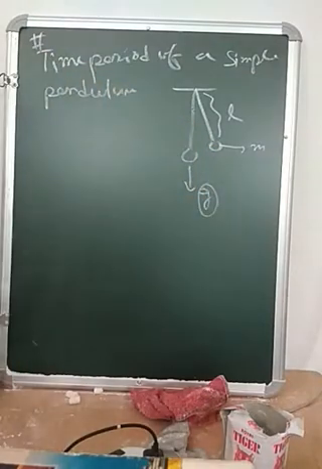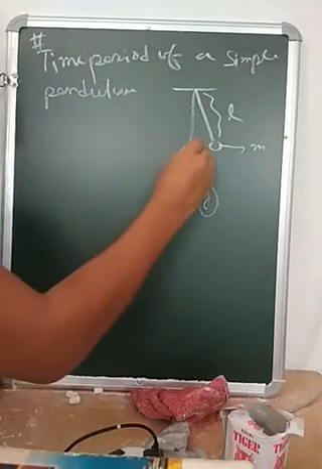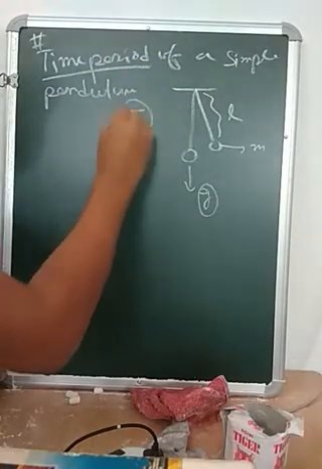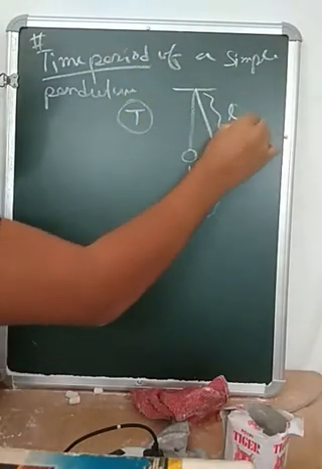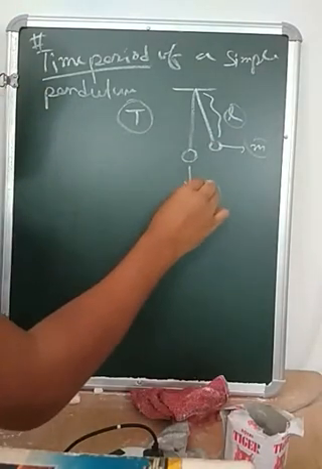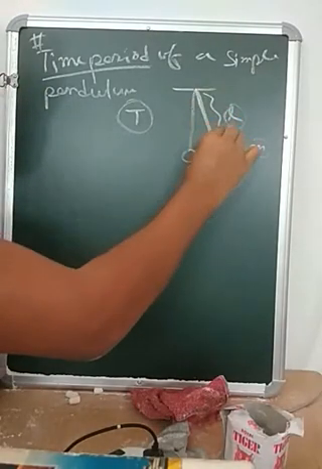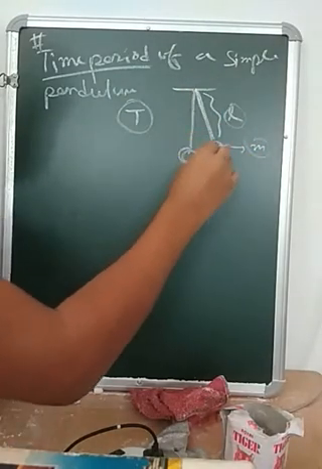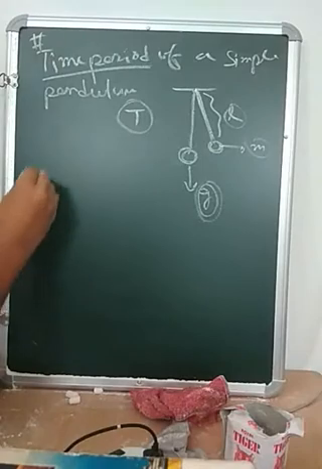So we have to calculate how the time period of this pendulum depends on m, L, and g, these three quantities: the length, the acceleration due to gravity, and the mass.